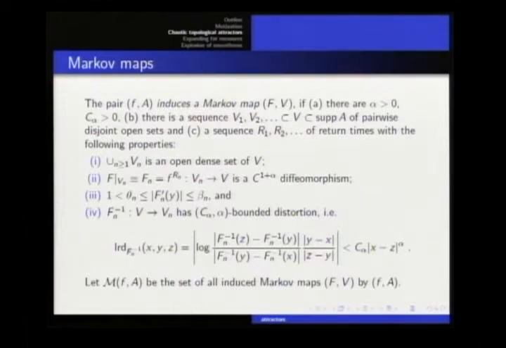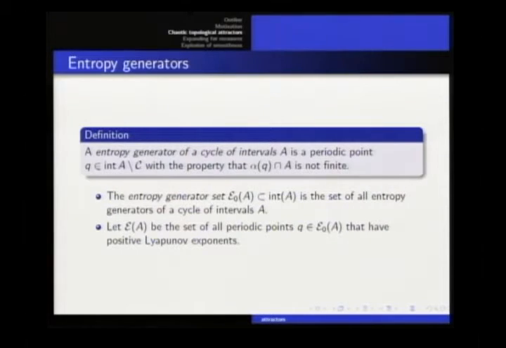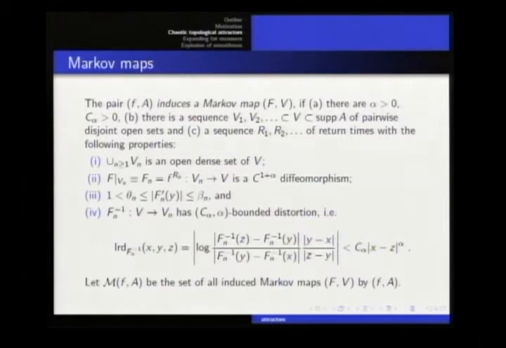And for a Markov map, we also consider that the components are an open dense set of B, uniformly. This is really the usual nice maps that I have liked for a long time, with an infinite set of components.